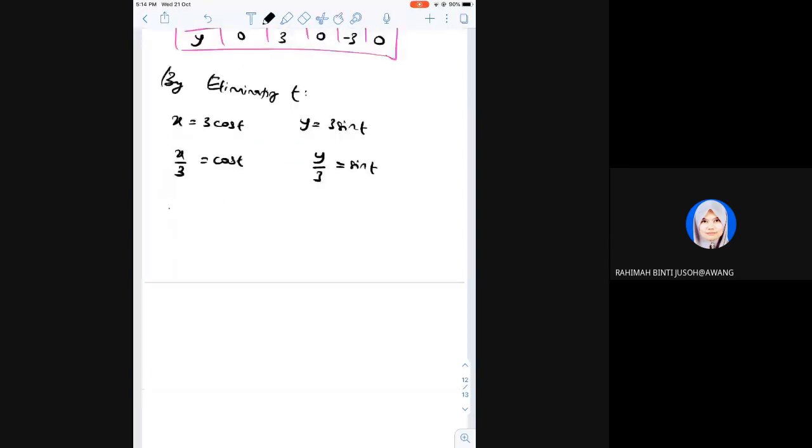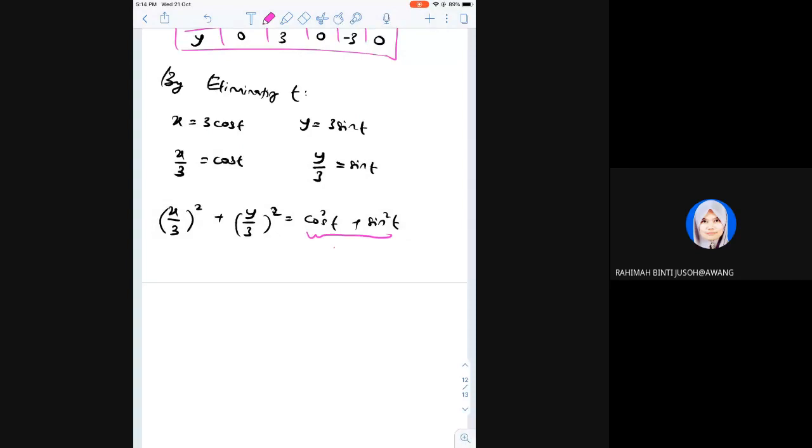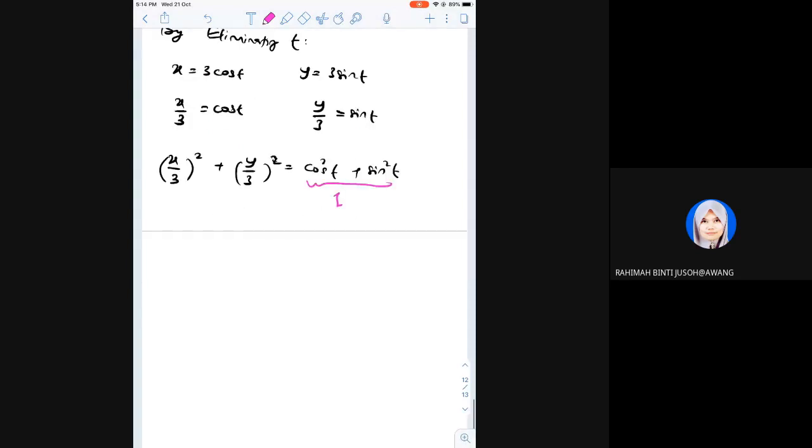So from here kita kena buat x over 3 squared plus y over 3 squared equals to cos squared t plus sin squared t. So ini adalah equivalent to 1. Okay. So we have x over 3 squared plus y over 3 squared equals to 1.